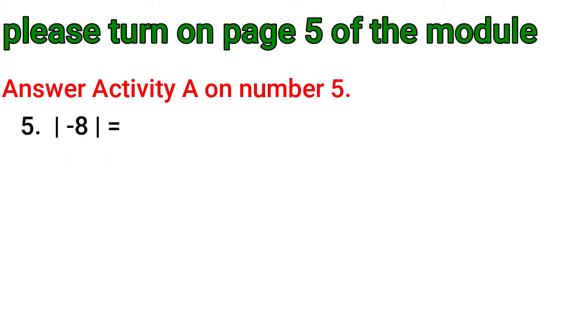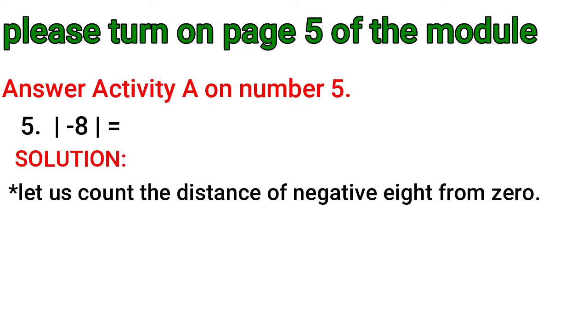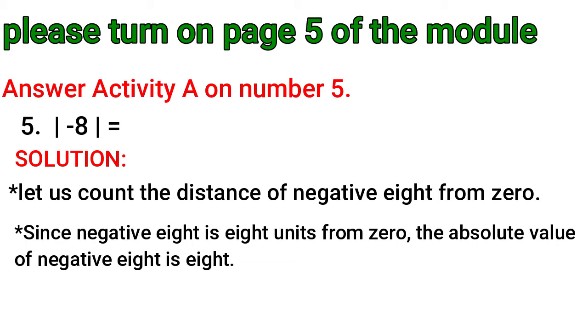Let's answer the activity A number 5. The given is absolute value of negative 8. Again, let us count the distance of negative 8 from 0. Since negative 8 is 8 units from 0, the absolute value of negative 8 is 8.